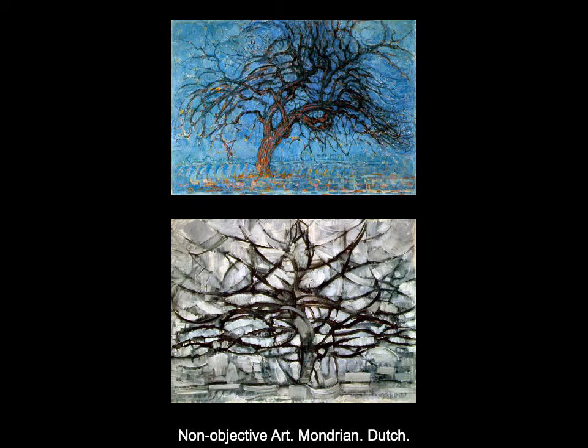These curves, well, it doesn't look like anything. But if it looked like something, it would be like a tree. So we get a hint with Mondrian that the way he did his work was he looked at nature and simplified it to verticals and horizontals. So it was a reductionist tendency toward non-objective art.